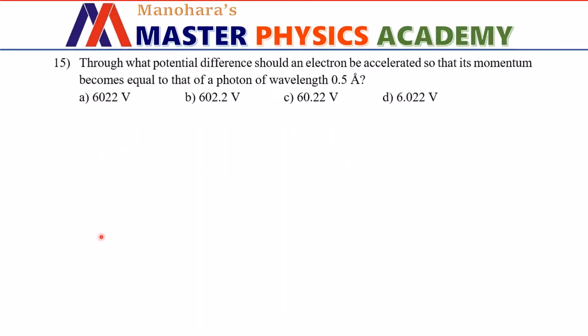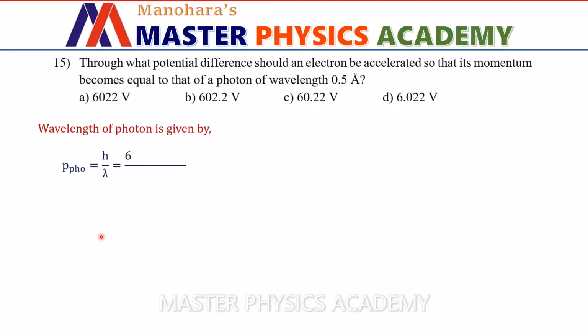Through what potential difference should an electron be accelerated so that its momentum becomes equal to that of a photon of wavelength 0.5 angstrom? Here, the momentum of the photon is given by p equals h divided by lambda.